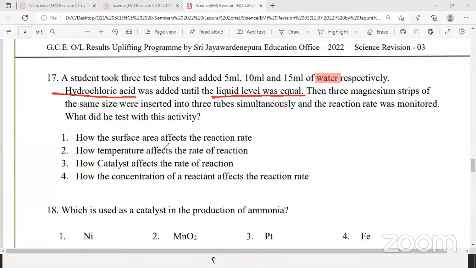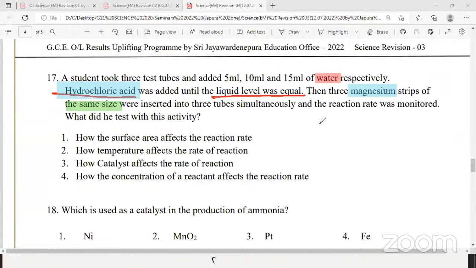After that, they simultaneously added a magnesium strip of the same size and same surface area to these 3 tubes. So magnesium reacts with hydrochloric acid. What is the effect of which factor tested here? Any volunteers who can give me the answer for this question?